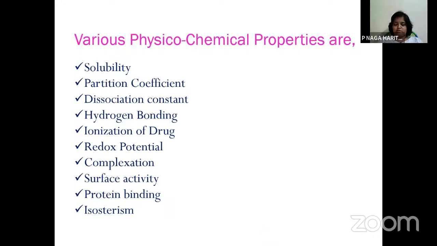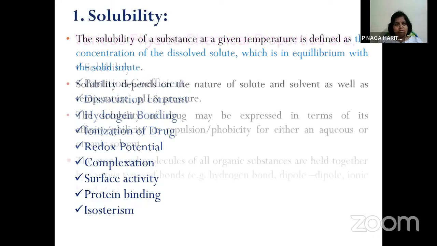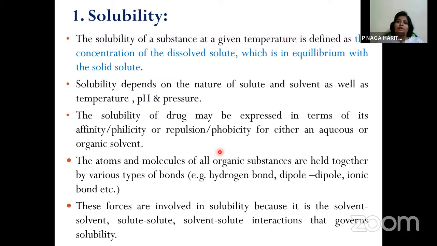So first, let us start with solubility. What is solubility? Solubility is nothing but the ability of a solute molecule to get dissolved in the solvent without any particular external energy. It is called solubility. At any given temperature, it is defined as the concentration of dissolved solute which is in equilibrium with the solid solute or the solvent.